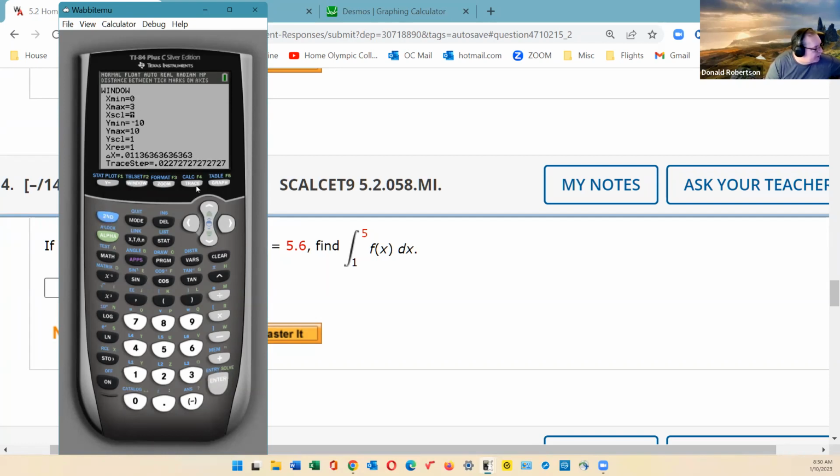I'm going to go second calc, choice number 7. It's basically the same picture I had. Lower limit 0, upper limit 3. And do you see the answer is exactly 9?